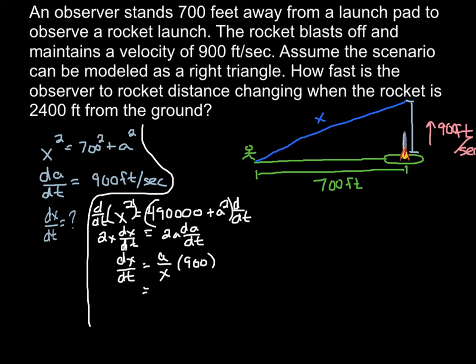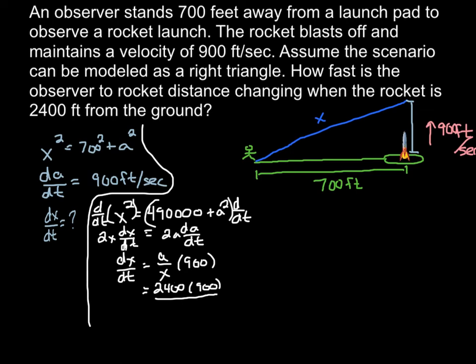And we're asking how fast the observer-to-rocket distance is changing when the rocket is 2,400 feet above the ground. So that means our altitude is going to be 2,400. Now, what are we going to do for this x?